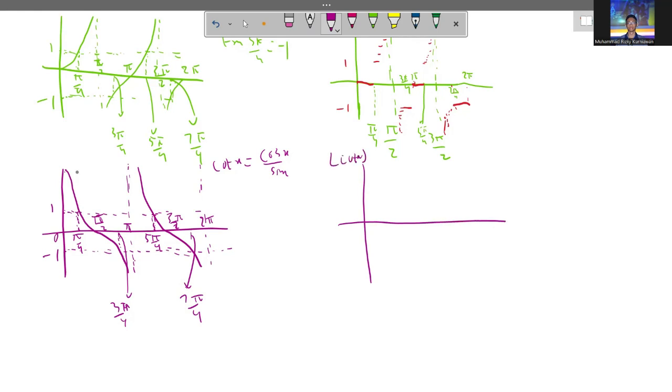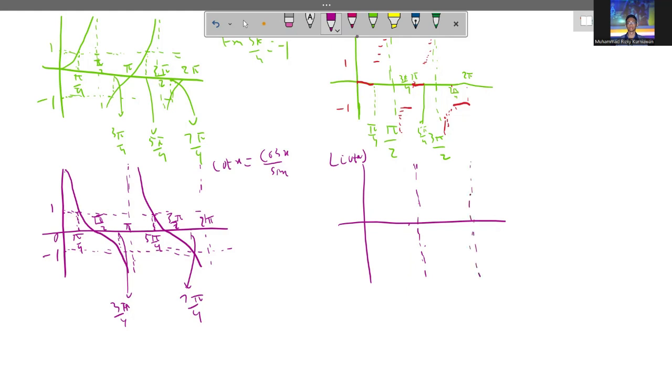We have something like this. So this is, wait, hold on. Oh yeah, the asymptotes of pi n, 2 pi.